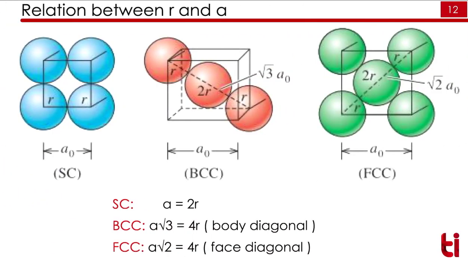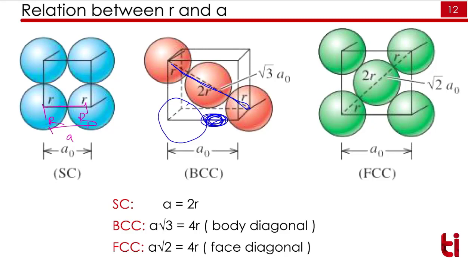So the relation between a and r is summarized here. For simple cubic, it's a equal to 2r because they are simply touching together. So we can find this r, this r, this is the a, that is the unit length. In BCC, because we have an atom here and we don't know the distance between these two, we cannot find it that way, but atoms at the body diagonal are touching together, and we know the body diagonal is a root 3.